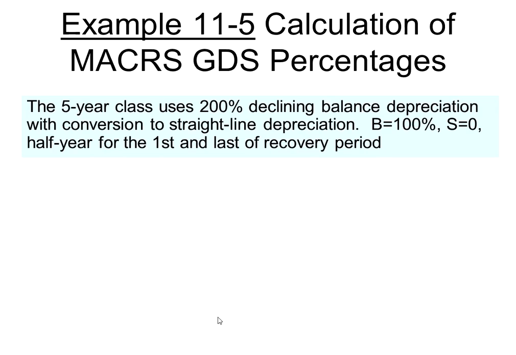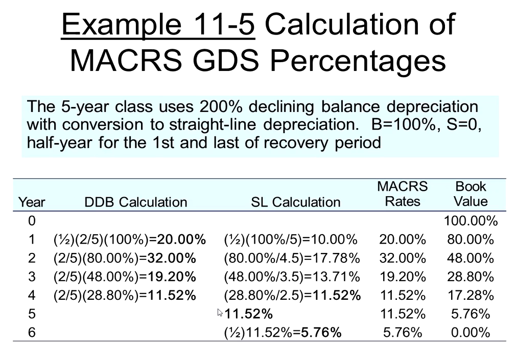So we assume the basis is 100% and the salvage value is 0, and we also use a half year for the first and the last recovery period. So to calculate these rates, and these are the rates that we actually see in the modified accelerated cost recovery system, right?